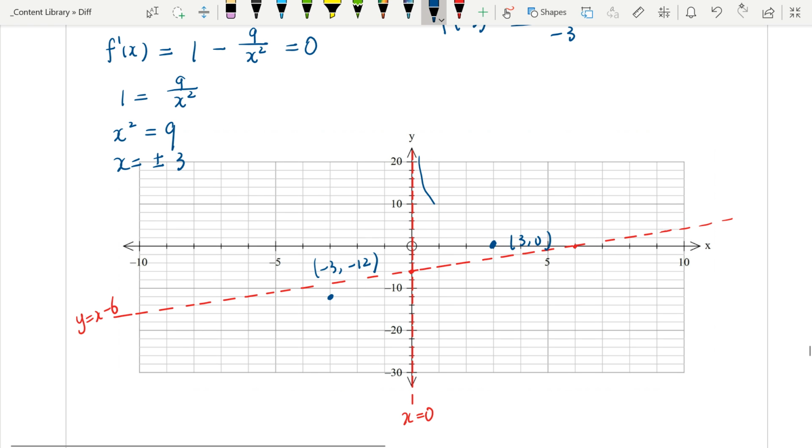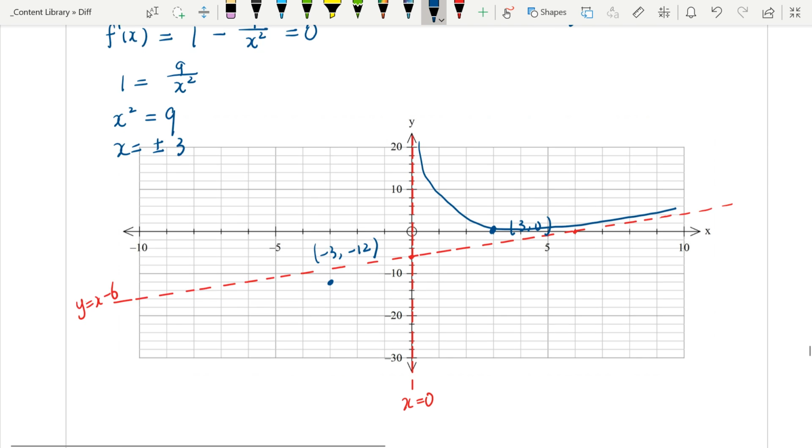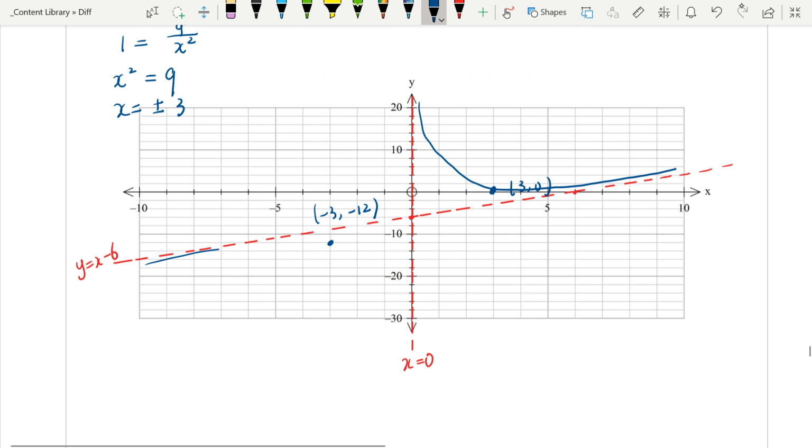It just touches the x-axis, then goes up, and then approaches that. And the other one will be this way and this way. The scale is not very good, but you can see the graph should be like a rotated hyperbola.